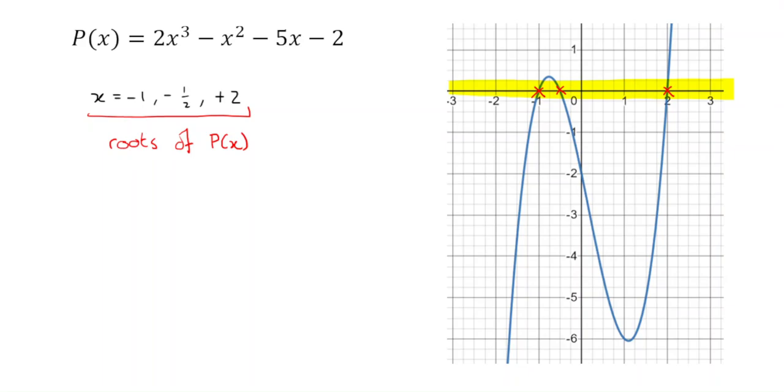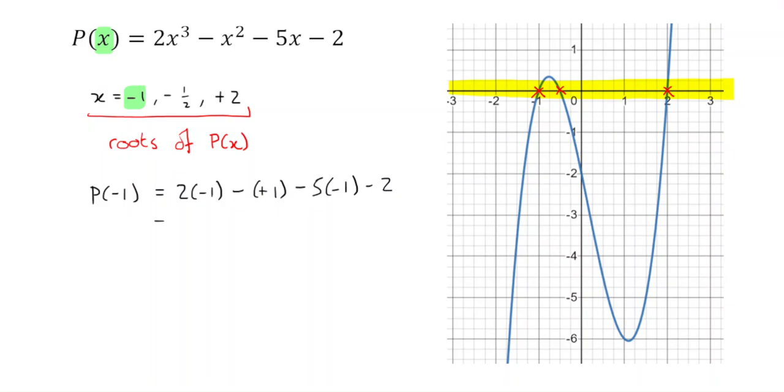So let's try that. Let's take this root, -1, and substitute it into the polynomial. Let's see what we get. So p of -1 is equal to 2 times -1 cubed, which is -1, minus -1 squared, which is +1, minus 5 times -1, minus 2.